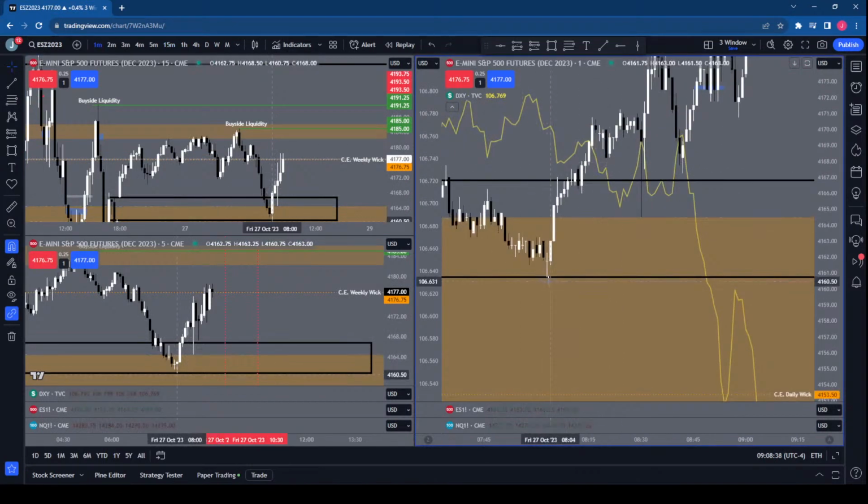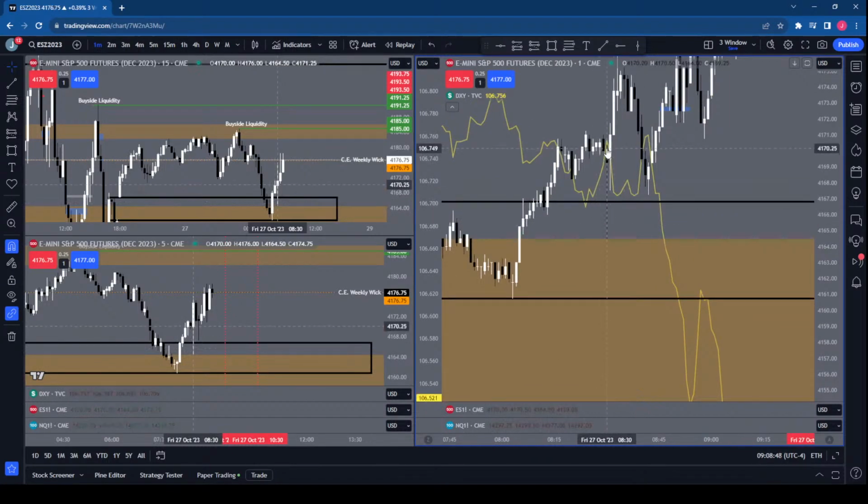You can see on the dollar, on the 1 minute, we came down, right, touched the bottom of it perfectly. Even right here at our 8:30 news, came down, touched the top of this fair value gap perfectly. Came back up.